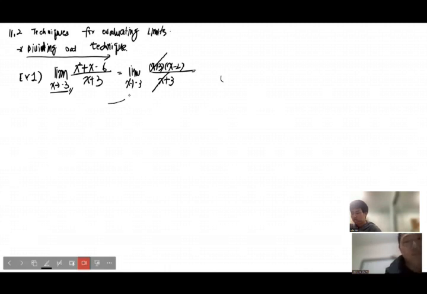So that could be simplified by cancelling the same term out of the numerator and denominator. So that should be the limit of x minus 2 as x goes to minus 3. In that case, you just need to plug minus 3 into x. Let's see, minus 3 minus 2 should be minus 5.